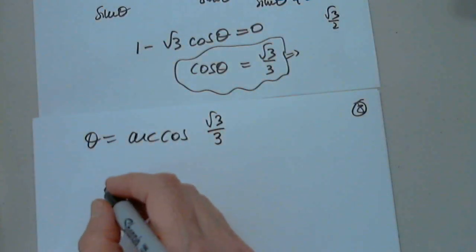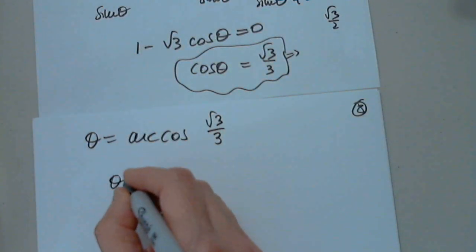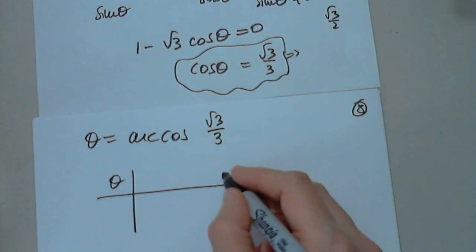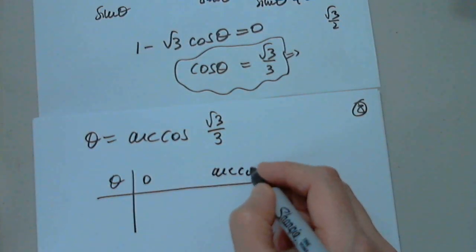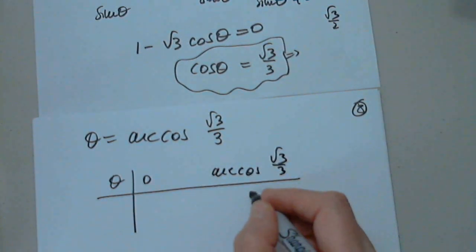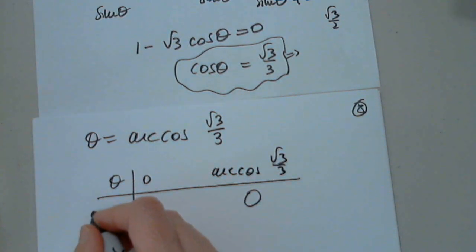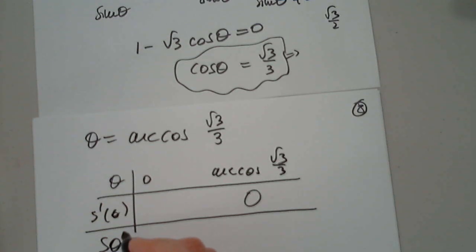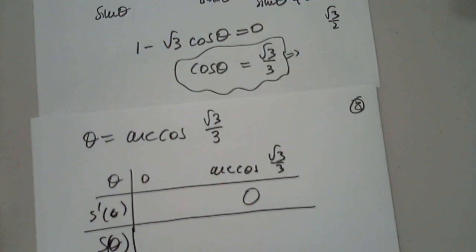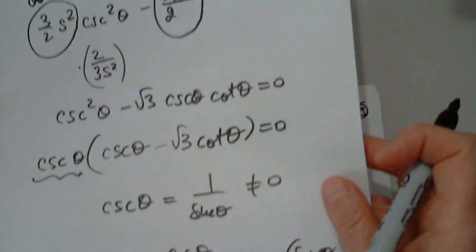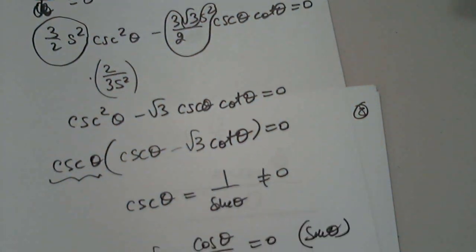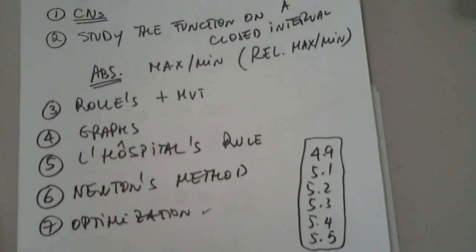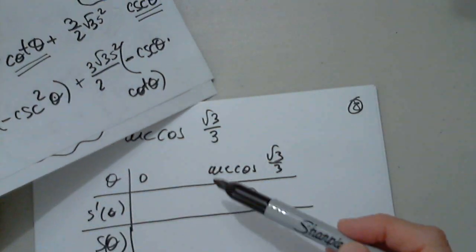So now I have to show that arc cosine the square root of 3 over 3, with s prime of theta and s of theta, gives a minimum or a maximum or whatever that is. So I don't know what it is. Where is my derivative? Okay, the derivative was here.